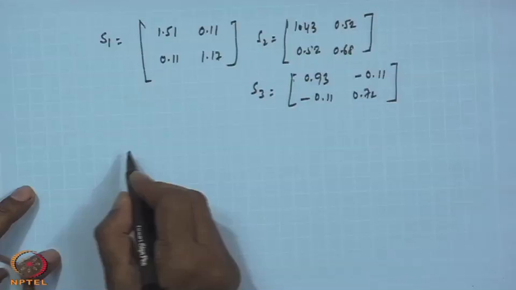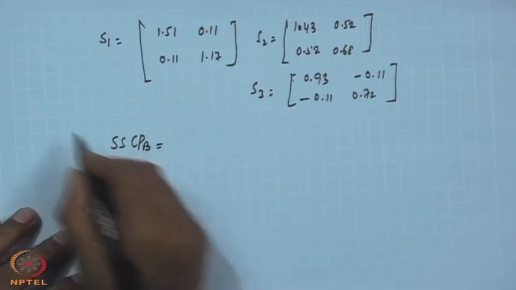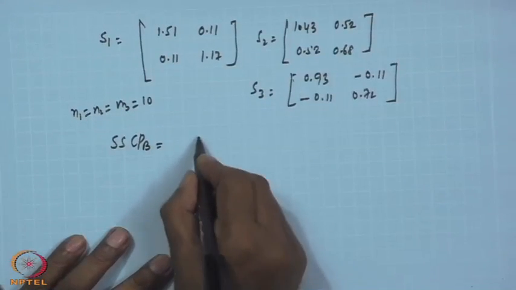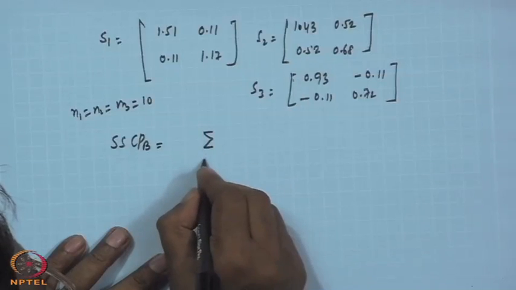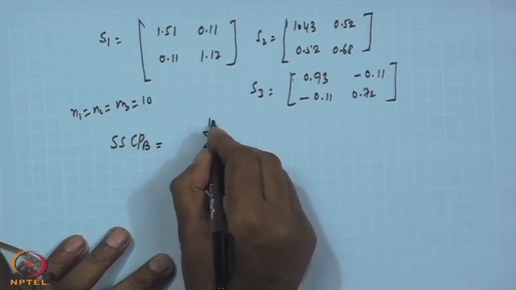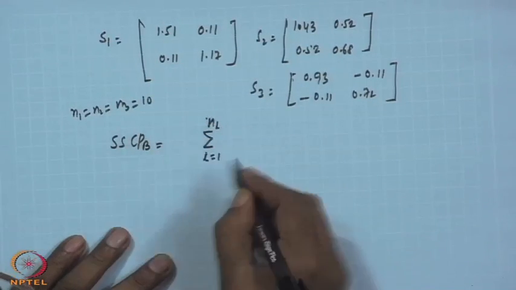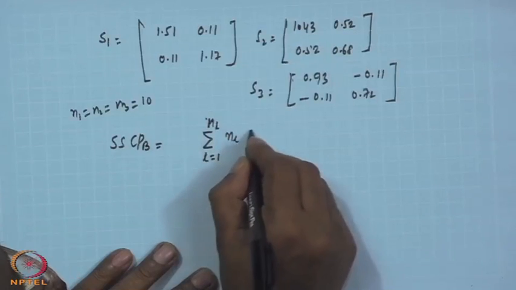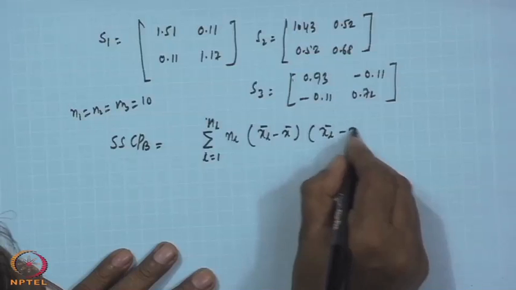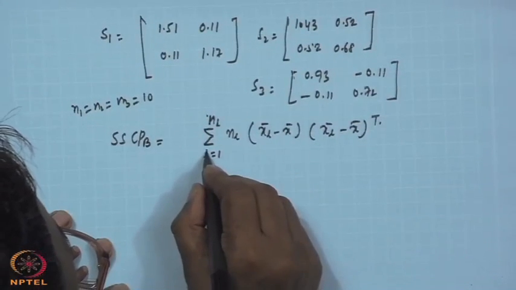First, SSCP B, as n1 equal to n2 equal to n3 equal to 10, is sum over l equal to 1 to n_l of x_l bar minus x bar, x_l bar minus x bar transpose.